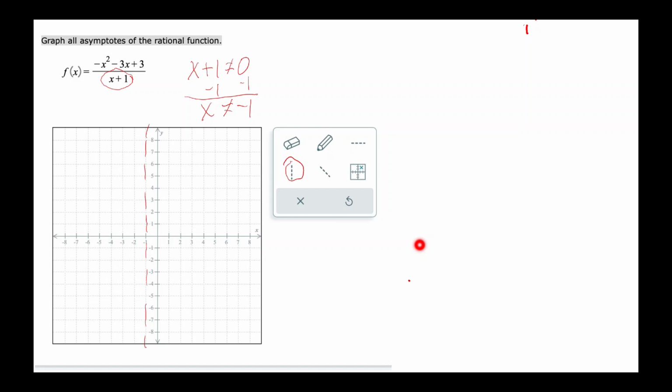Now, remember on the horizontal asymptote, if the degree of the denominator is greater than the degree of your numerator, then your horizontal asymptote, your h of a, is y equals 0.